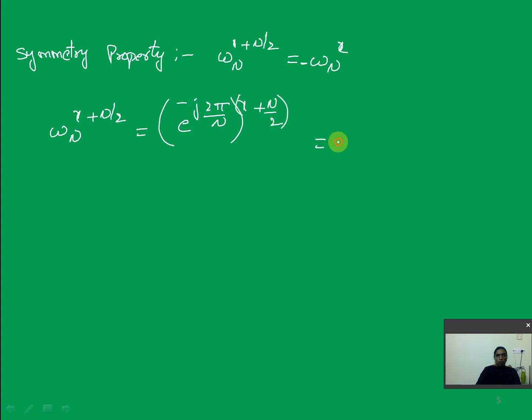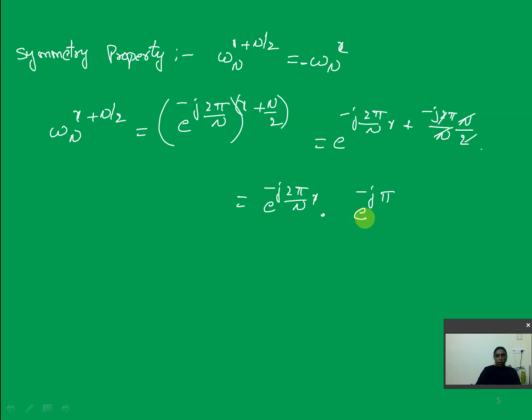Now this is equal to e power minus j 2 pi by N x plus minus j 2 pi by N times N by 2, where the N's cancel. Now this is equal to e power minus j 2 pi by N x into e power minus j pi.